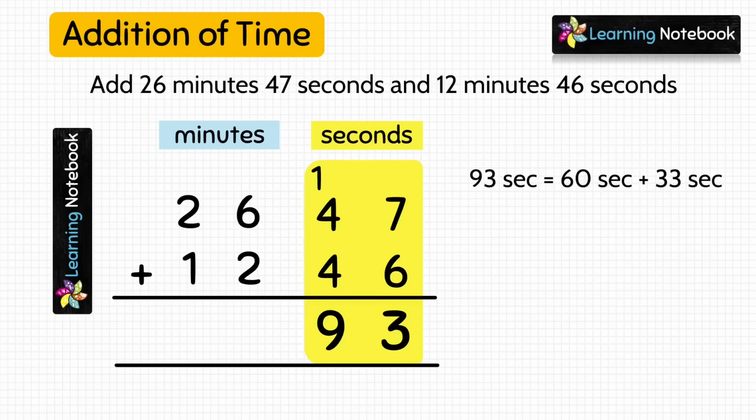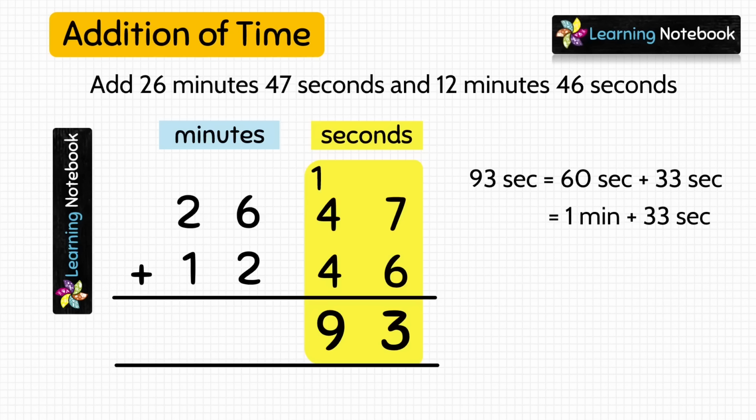Let's write 93 seconds as 60 seconds plus 33 seconds. And 60 seconds equals 1 minute. So 93 seconds equals 1 minute plus 33 seconds.